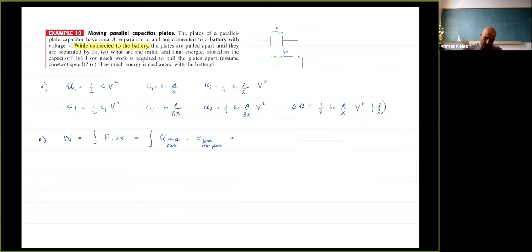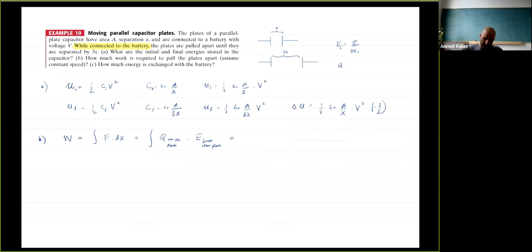E is equal to sigma over 2 epsilon naught per plate, if you like. And if you sum two of these, I get the net electric field in between. But that's not what I need. I only need one contribution. And Q is equal to what? Q is equal to sigma times area, or sigma is equal to Q over area, whichever one you like.